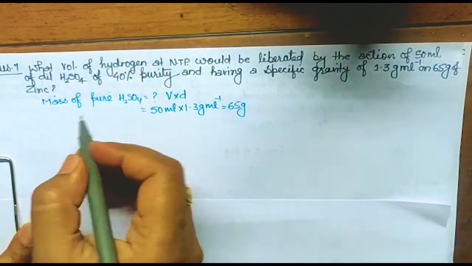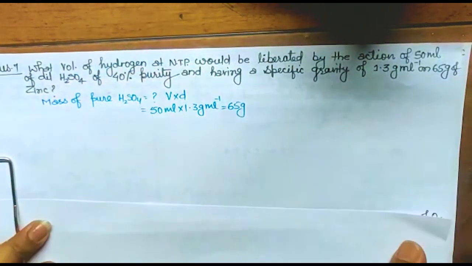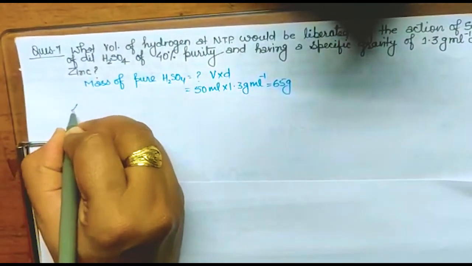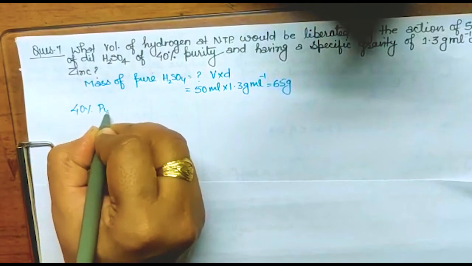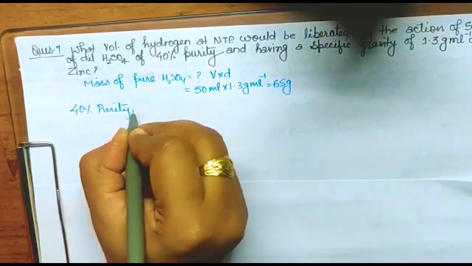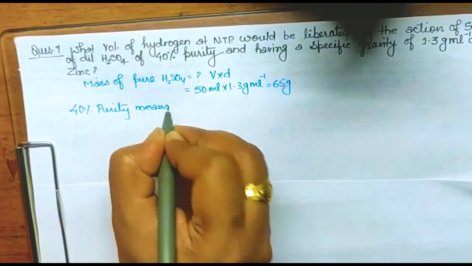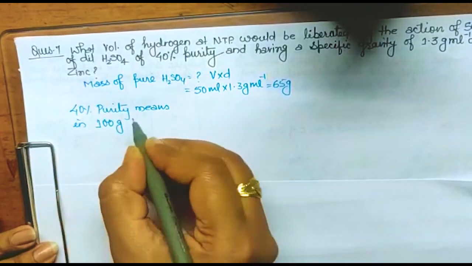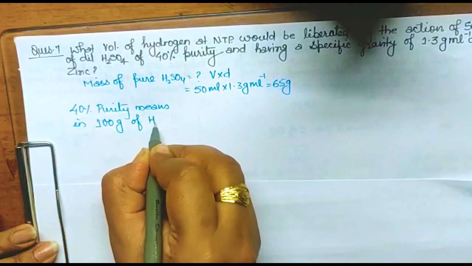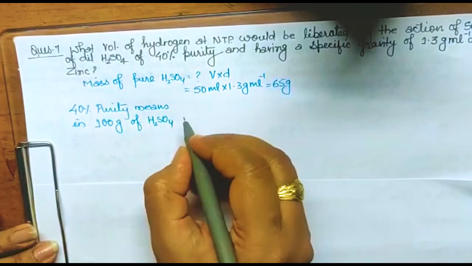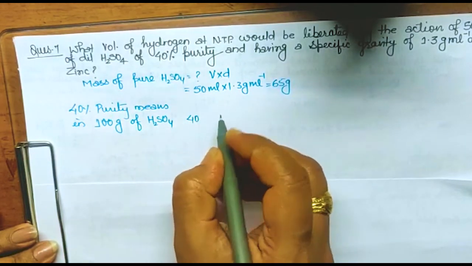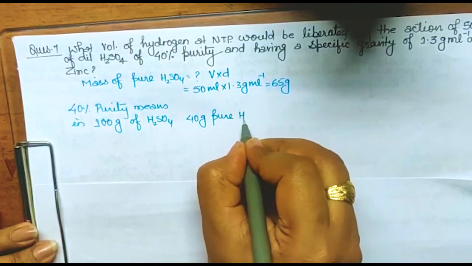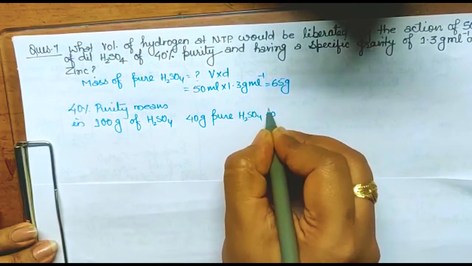Now, the solution contains 40% purity. So what does 40% purity mean? It means in 100 gram of H2SO4, 40 gram of pure H2SO4 is present.